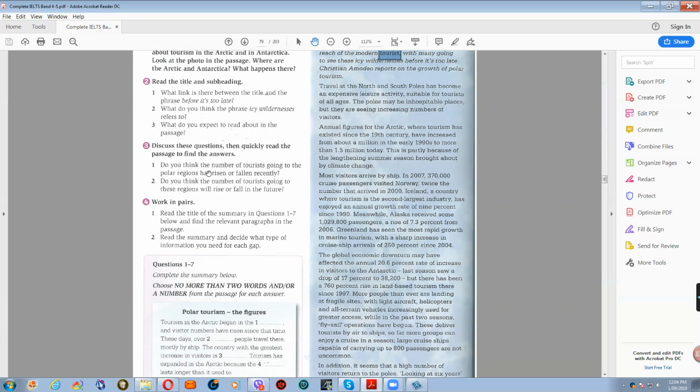Before we read, do you think the number of tourists going to the polar regions has risen or fallen recently?